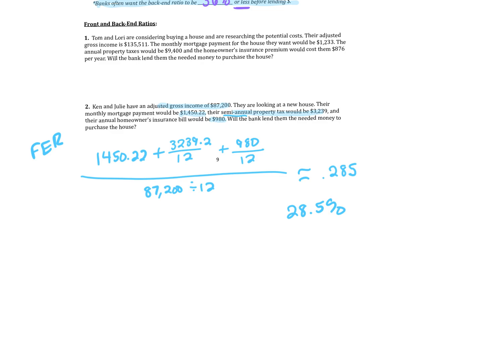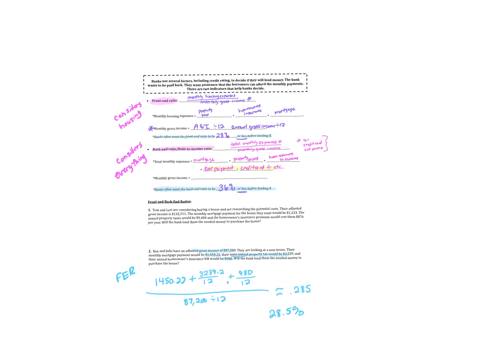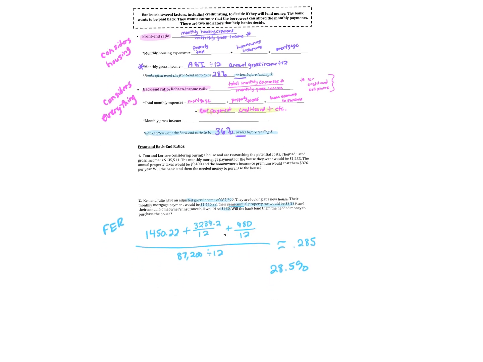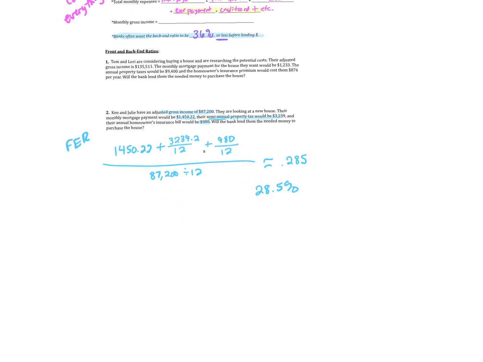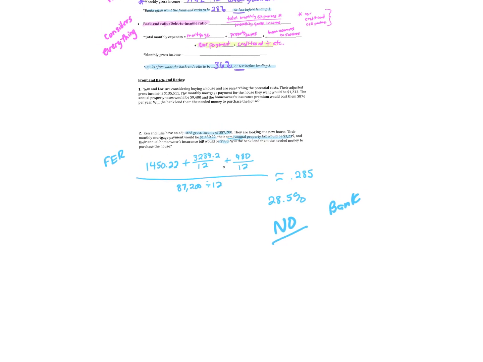So technically, by what it says at that 28%, technically the answer is no. Probably in this case, the bank would work with you and probably say, well, let's see if we can find some cheaper insurance for you or something to kind of adjust some of these numbers, because that's pretty close.